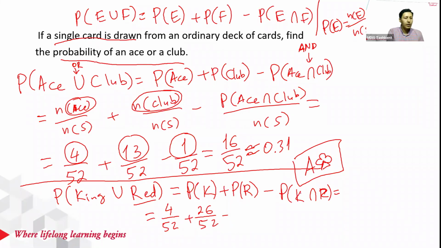Red kings: how many red kings do we have? The king of hearts and king of diamonds are red. These two. So 28 out of 52, approximately 0.54.